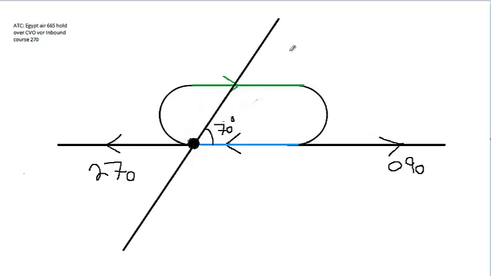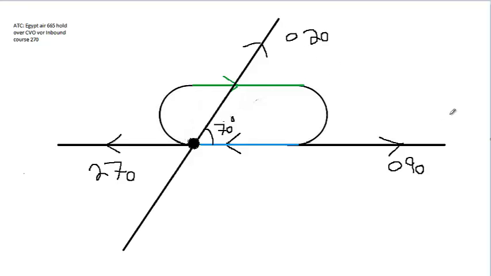So if I want to know the heading in this line, a difference of 70 degrees from the number 090 is 020. So this heading is 020. Now, why did I minus 70 from 90? Why didn't I just add? So it's heading 160.